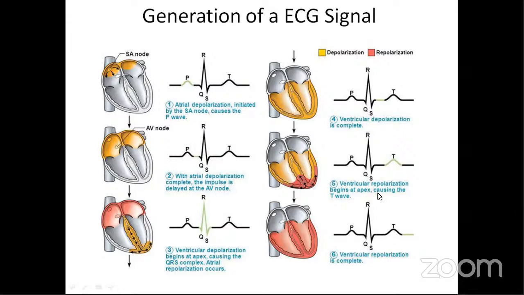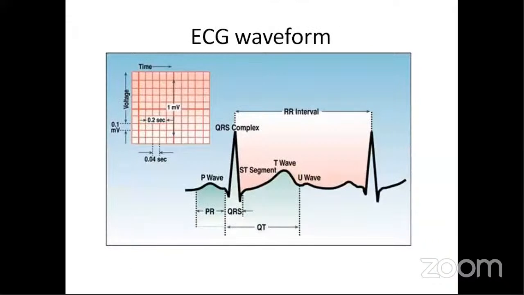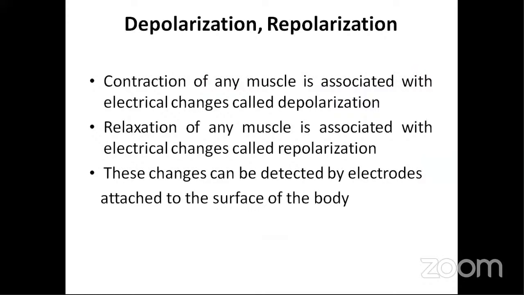Finally, with the T wave, the repolarization is completed. Don't confuse depolarization and repolarization: depolarization is contraction of the muscle, and repolarization is nothing but relaxation of the muscle. So this is a general ECG wave.